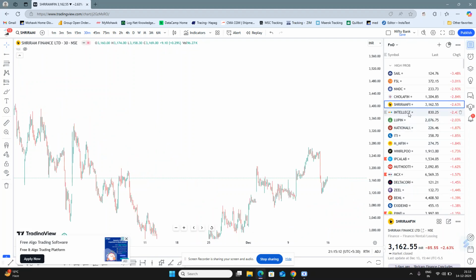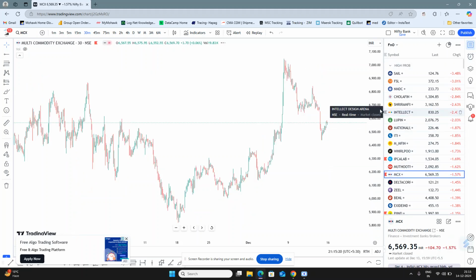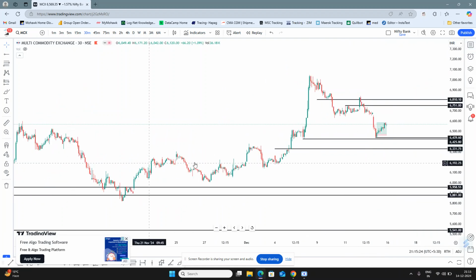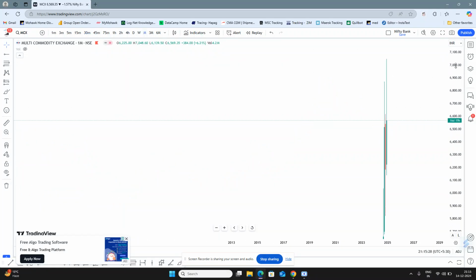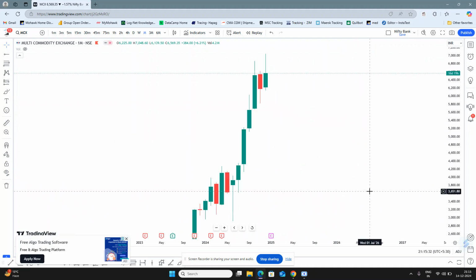Let's try some others also. Let's say, these are a few on my radar that I have kept with me. See that. Let me remove this. Let's try to analyze what is happening in MCX.